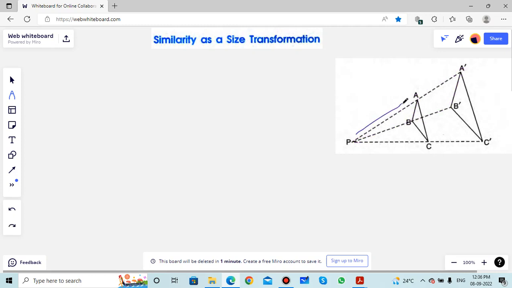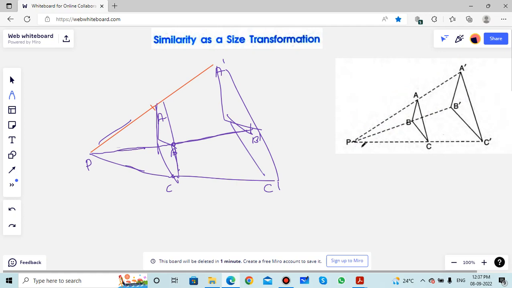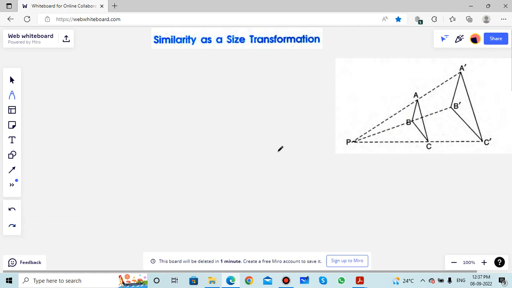So PA and PB here are proportional to PA dash and PB dash. The angle between the two is the same. So if we consider triangle PAB and triangle PA dash B dash, they have a common angle here, and this side is proportional to this one.